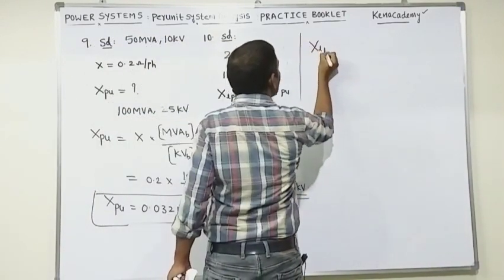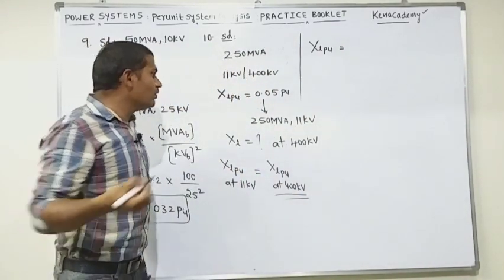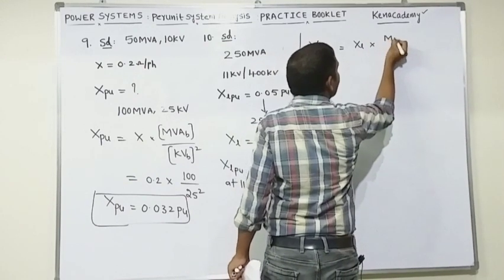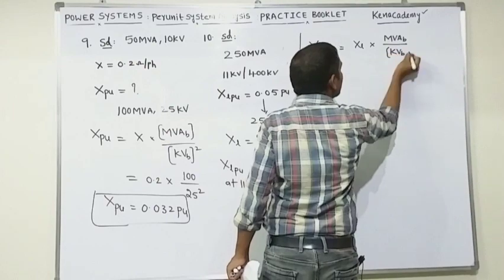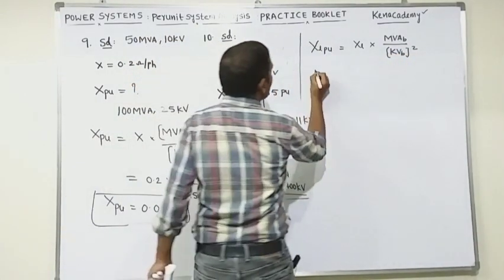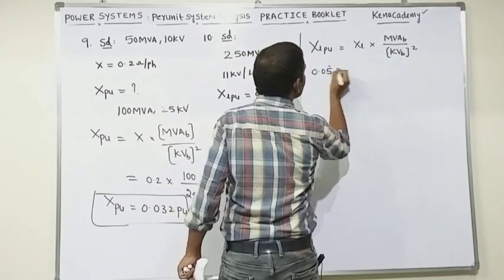Now use the per unit formula. You want to find the actual value of reactance. XL per unit equals actual reactance into base MVA by base kV square. This formula you know. What is the XL per unit? 0.05 per unit.